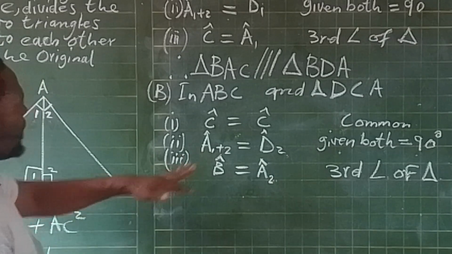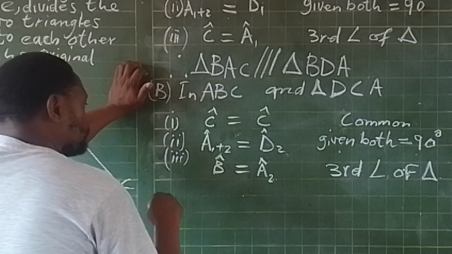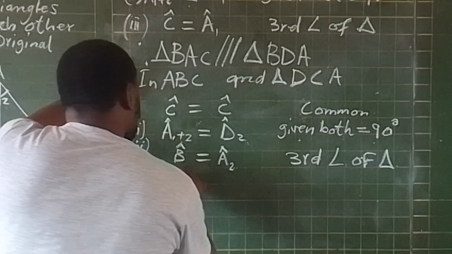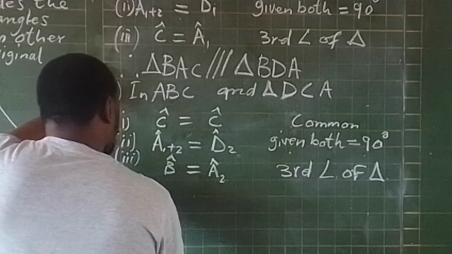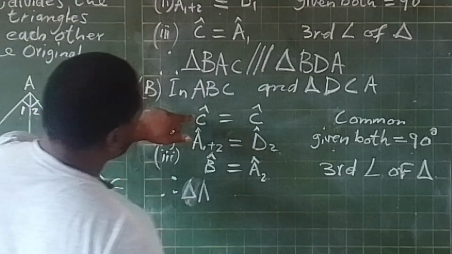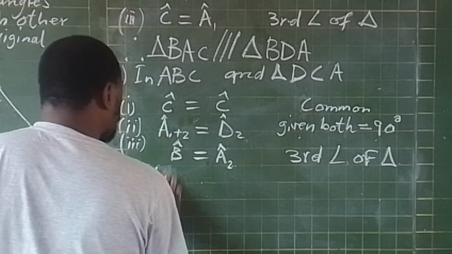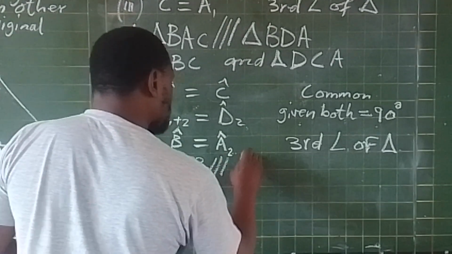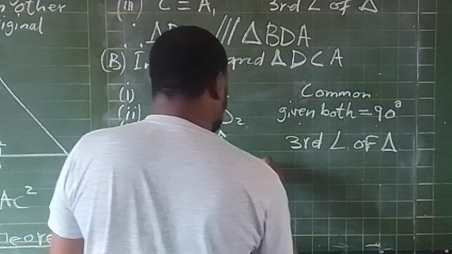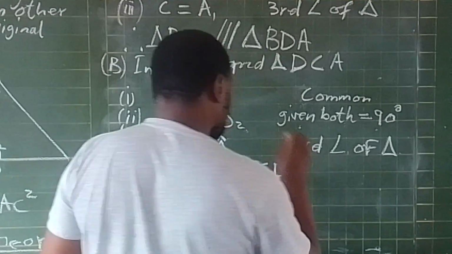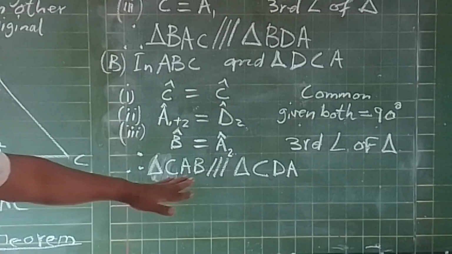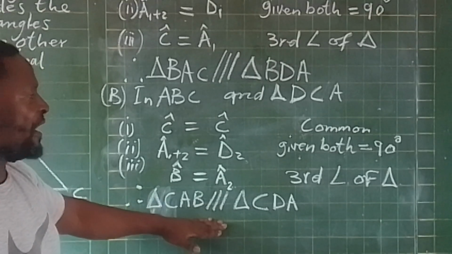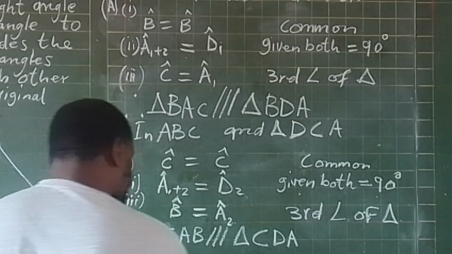Right? Then you can say, therefore, triangle CAB is similar to triangle CDA.